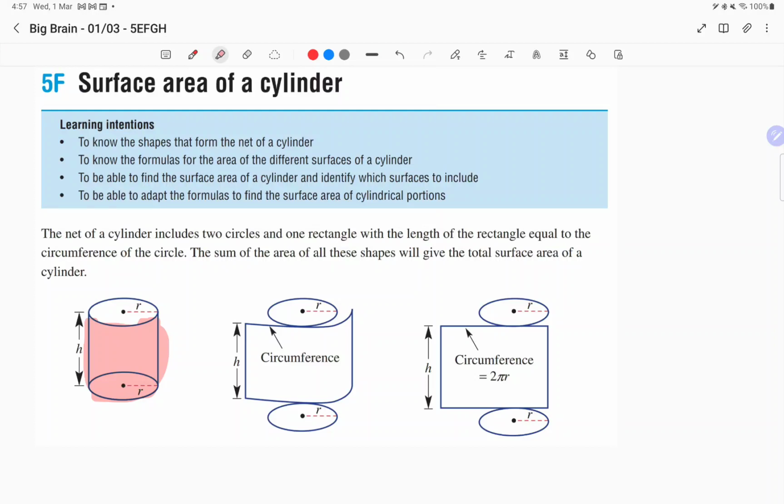So when you expand the side of the cylinder, the length of that whole surface area is the circumference of the circle. And when you expand it, it becomes the length of the surface area on the side. And what's the width? Well, the width of it is actually just the height of the cylinder. Does that make sense?